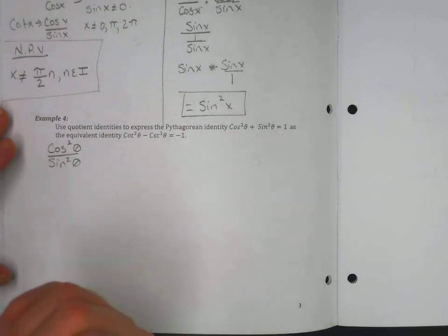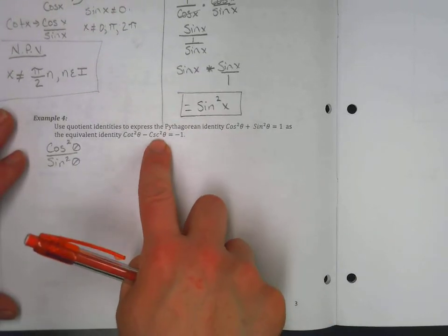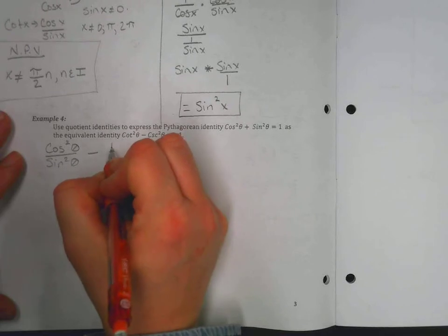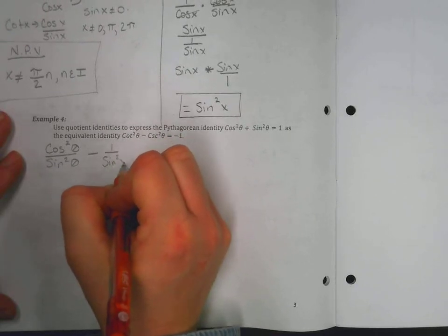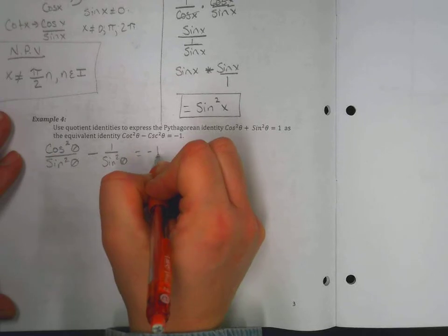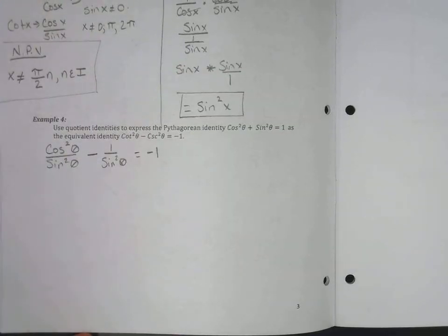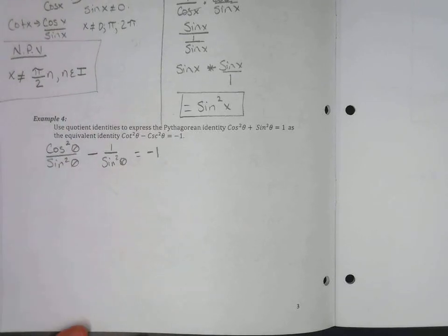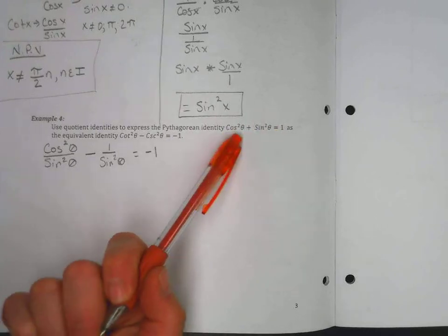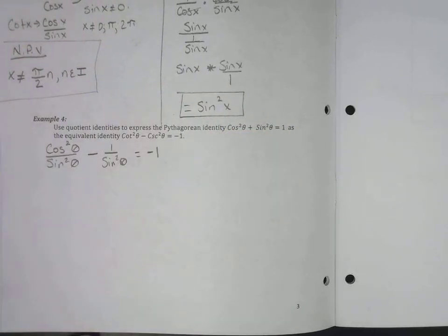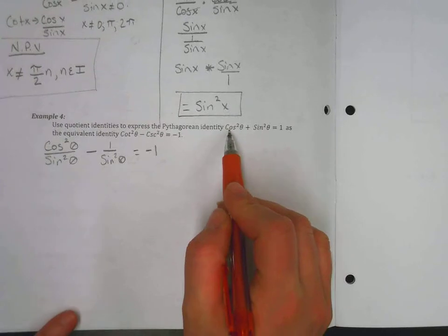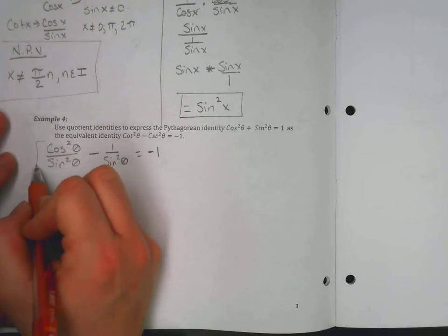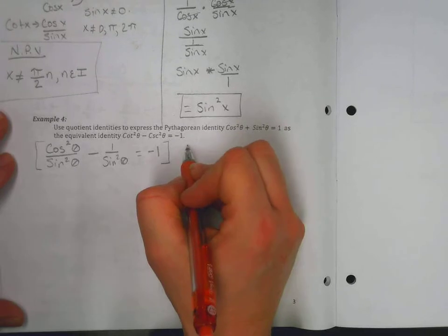What we are trying to do is get to a point where this is going to equate to this. Okay, so from here, we don't like working with fractions. Here we have absolutely no fractions. So we are going to multiply this entire equation by our lowest common denominator, which would be sine squared theta.